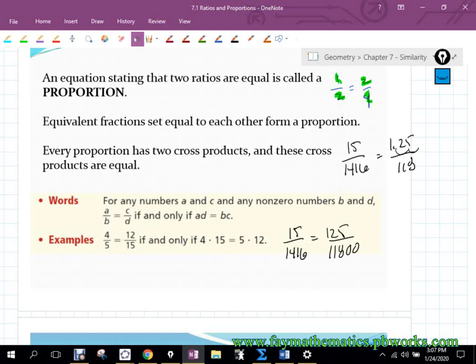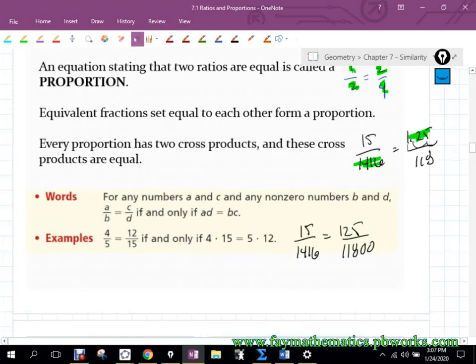Okay? The quick way of checking to see if two things are creating a proportion is to do what Skylar told us and to cross multiply. Take that number times that one, okay, and then see if 15 times 118 gives you the same product. In general, this is how they write it.